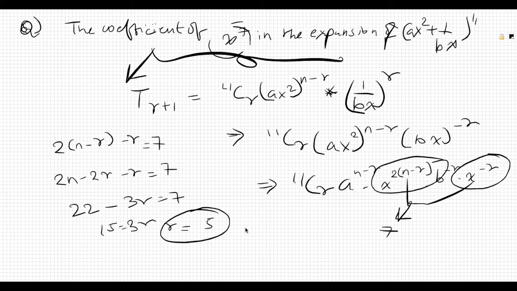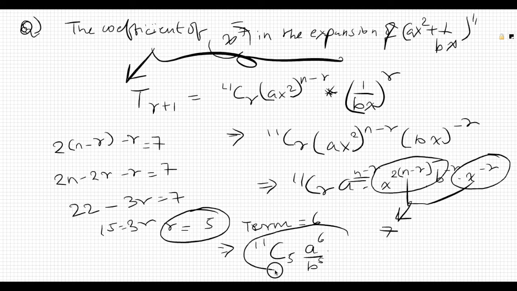So the term will be the sixth term, and on further simplification we get the coefficient as 11C5 a to the power n minus r, n is 11, 11 minus r is 6, divided by b to the power r, and r is 5, so b to the power 5, and this is the coefficient of x power 7.